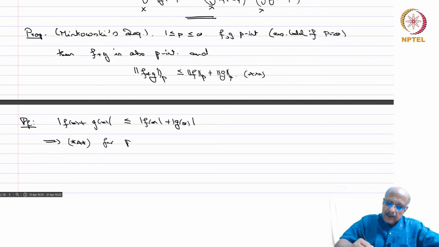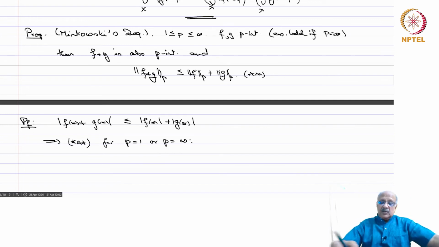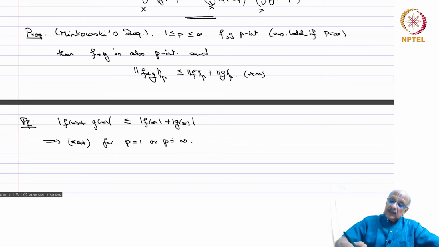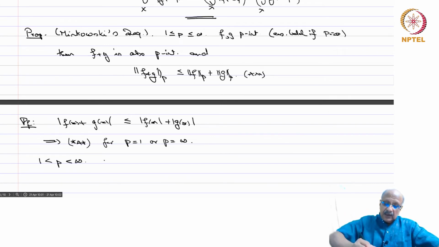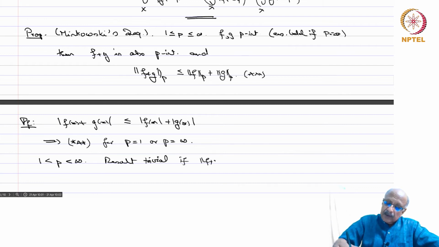This implies the result for p equals 1 or p equals infinity, because that's obvious from this inequality. So we can assume that 1 is less than p less than infinity. Again, the result is trivial if ‖f+g‖_p equals 0.